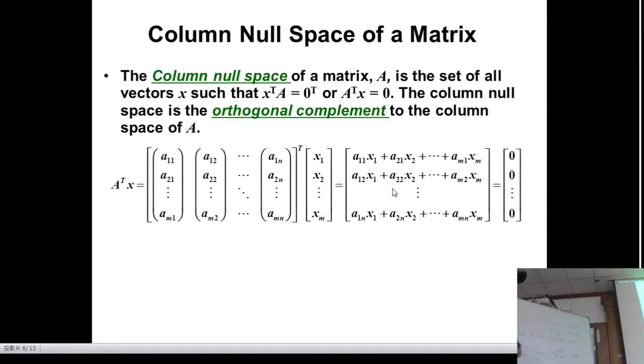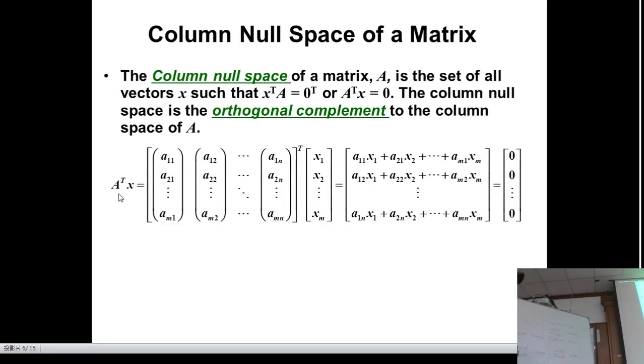Now here, null space. Remember that null space. The null space is all vectors x such that x transpose A equals 0 transpose. The left null space is the orthogonal complement to the column space of A. I will give you an example soon. In other words, I have x1, x2, xn, and this is each column here.